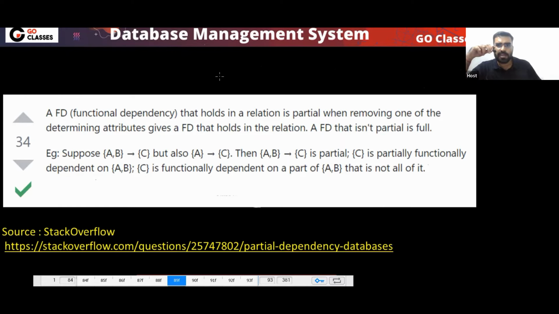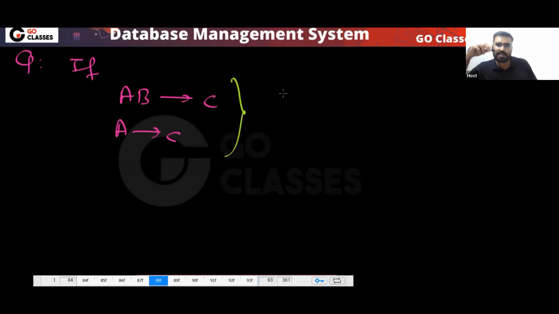If you have this type of situation, AB determines C and A determines C, which of them is partial?